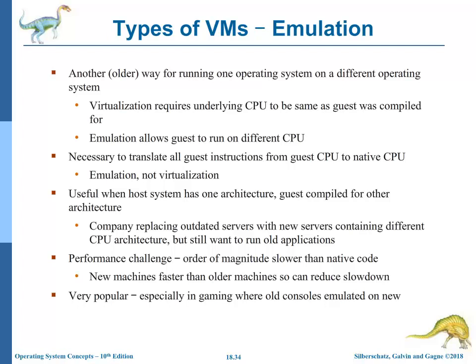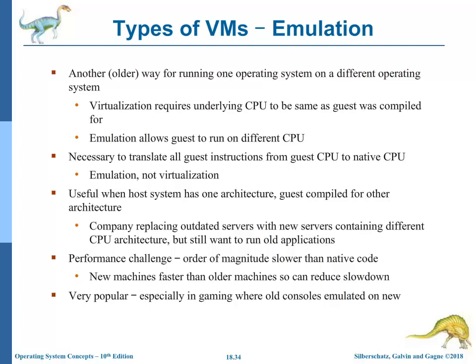For example, suppose a company has replaced its outdated computer system with a new system, but would like to continue to run certain important programs that were compiled for the old system. The programs could be run in an emulator that translates each of the outdated system's instructions into the native instruction set of the new system. Emulation can increase the life of programs.